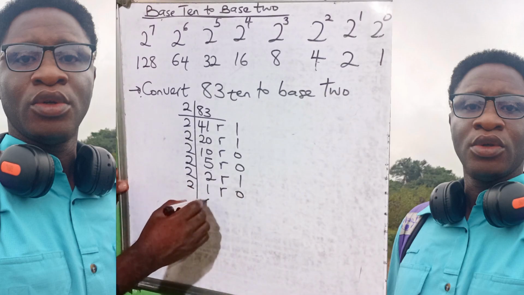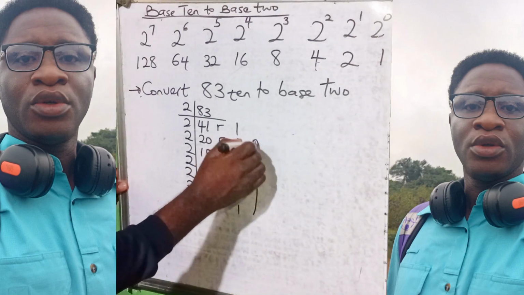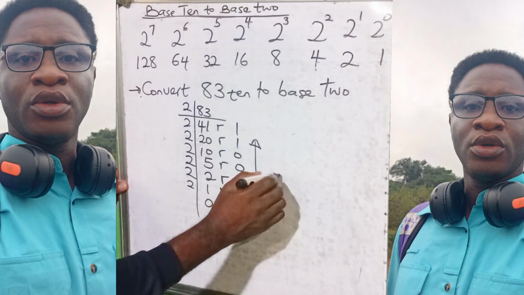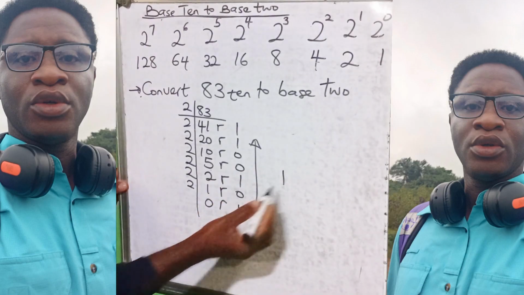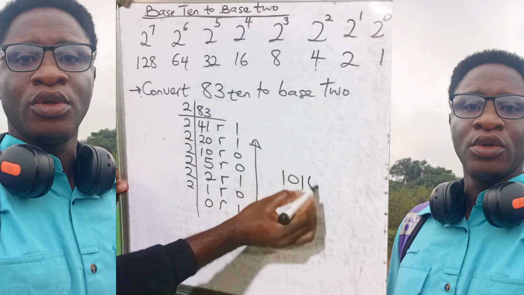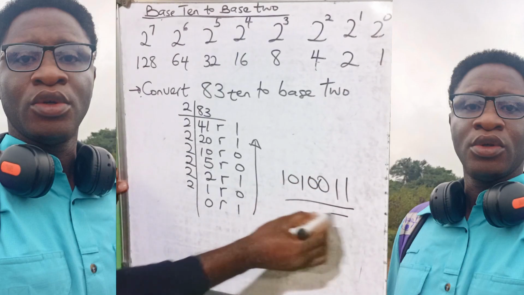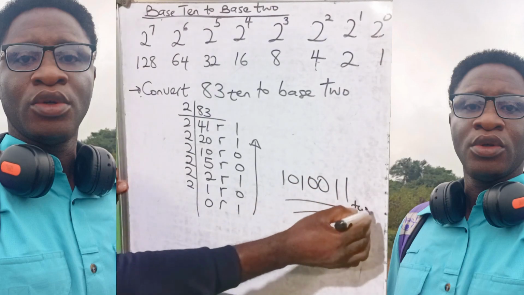And 2 in 1 is not possible. So count from down to up. If you do it very well, it's going to be 1, 1, 0, 1, 0, 0, 1, 1. So all these are base 2.